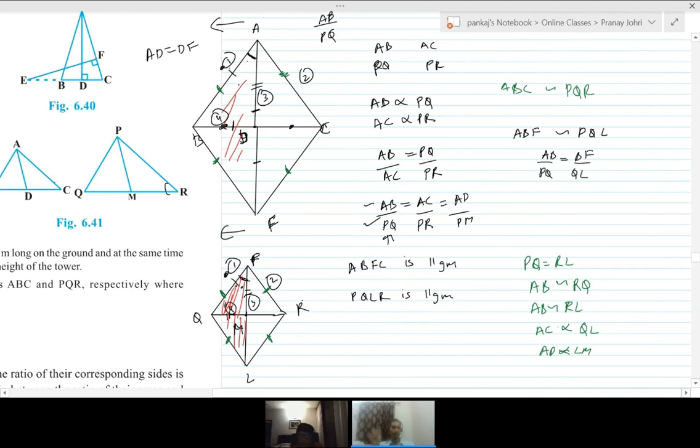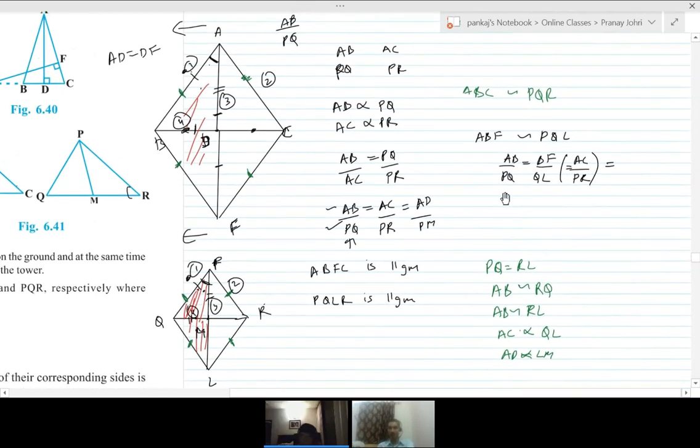So how did we know this? Because AC is equal to BF, and AC is equal to QL, because AC by PR was given to us. Further, this is the median: PL is equal to 2PM, and AF is equal to 2AD.